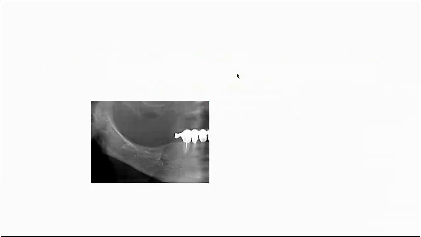This is one of the situations which will describe how we can make a mistake. I did the planning. I was supposed to place 2 implants on the right side of the mandible, and I told myself, okay, I will do some bone remodelation.